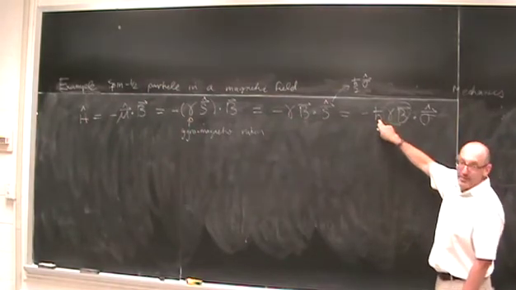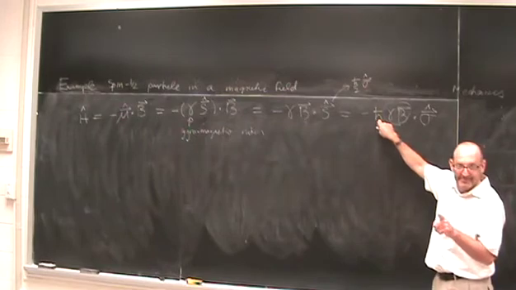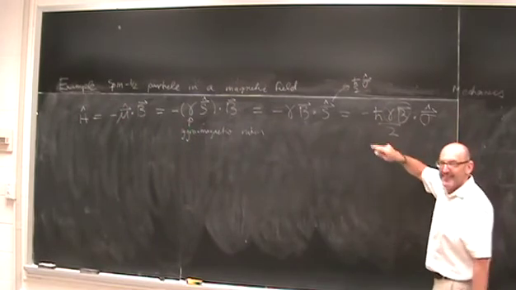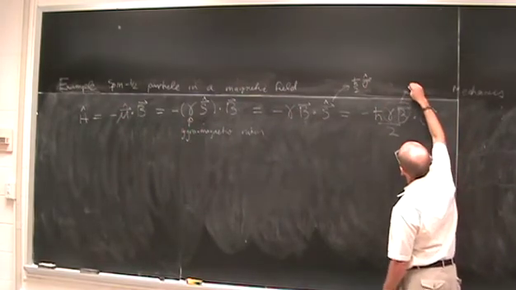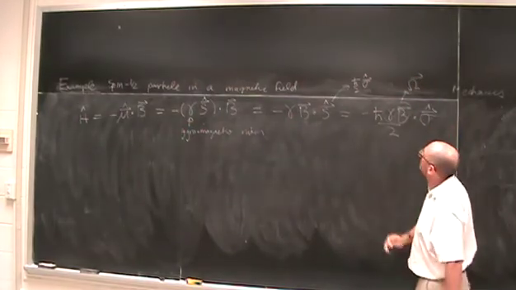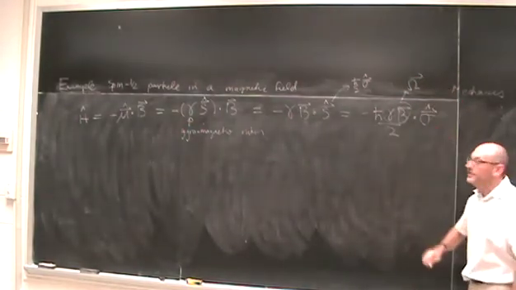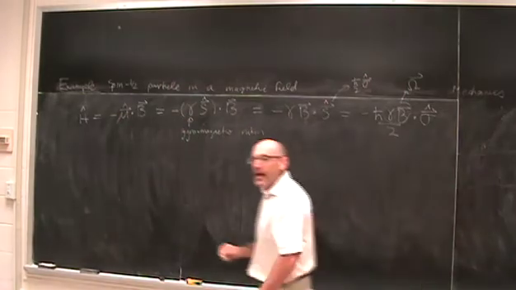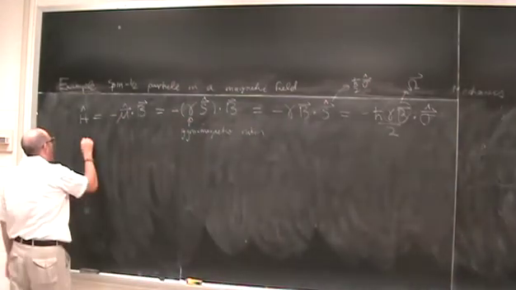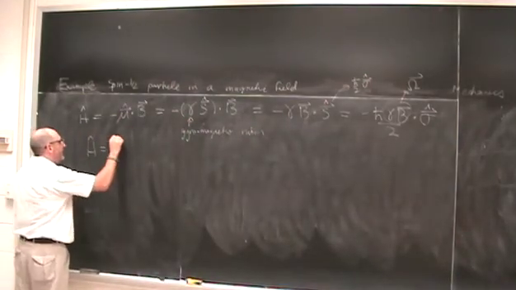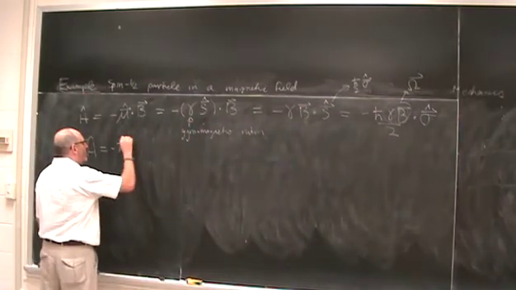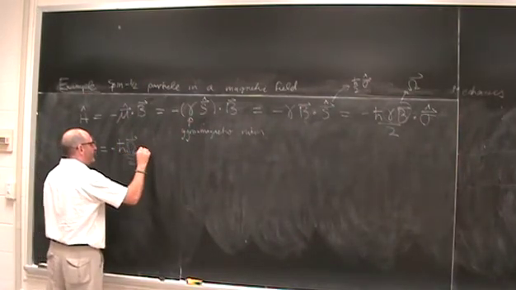Energy divided by H bar is frequency. You better know that. And so we'll call it capital omega. It's a frequency. Okay. So my Hamiltonian here, I can write as minus H bar omega over 2 dot sigma.